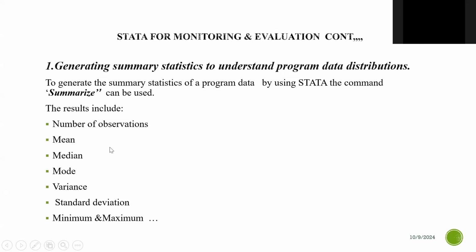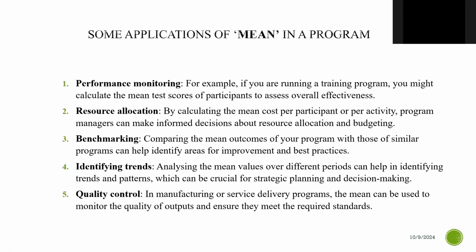Let's focus on each of these results. The mean is the first result you get when generating summary statistics. So what is the application of the mean in a program? Suppose you are in the field, you collect your data, you come to your office, and you generate these summary statistics. What can the mean show you in monitoring and evaluation of a program? The mean, or average, is a measure of central tendency.